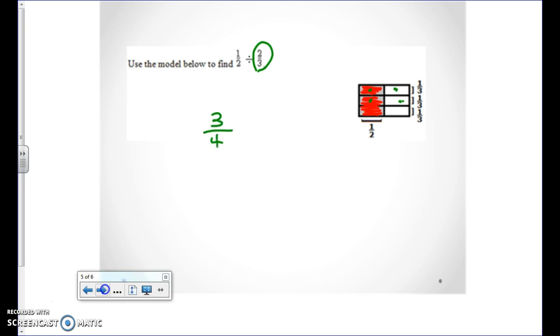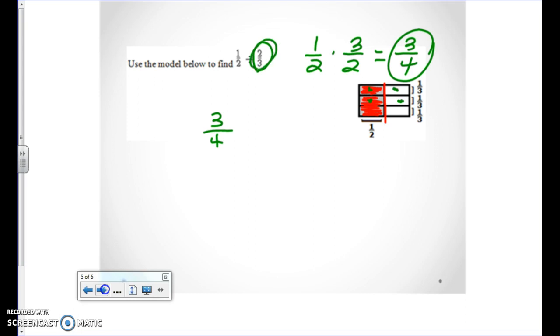So my answer would be 3/4. All right, and of course you can always check: 1/2 times 3/2 would be 3/4. So again, they have modeled 1/2 and divided it into 2 pieces, and they've also divided it into thirds, but it wants you to represent 2/3.